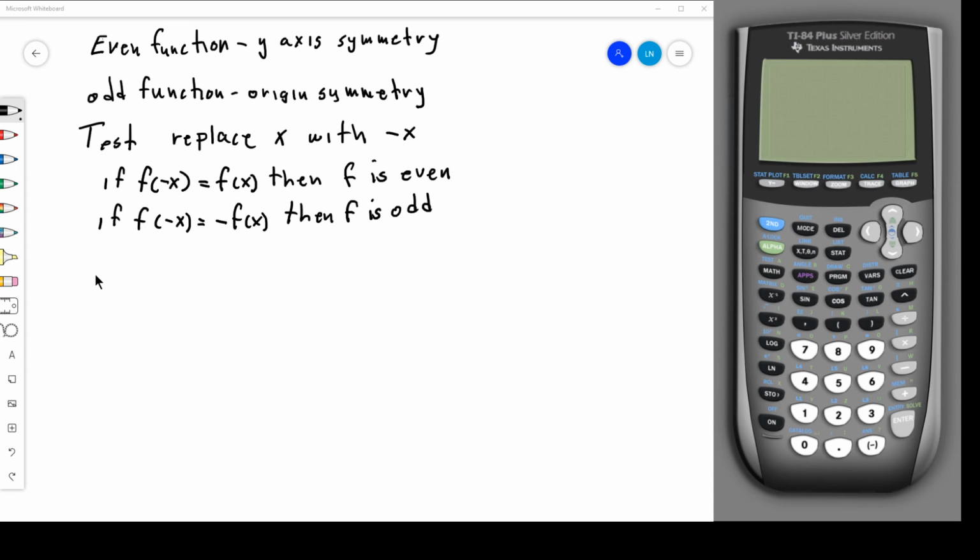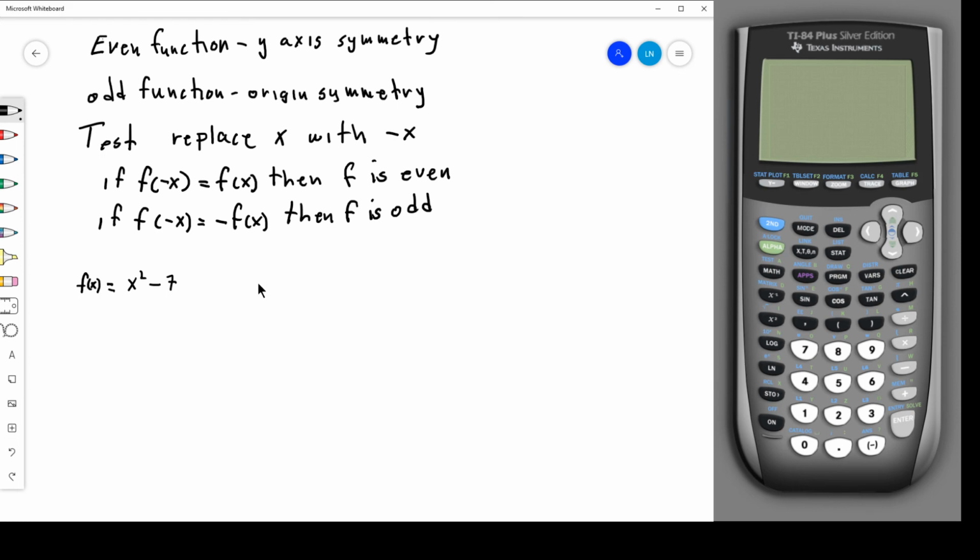Okay, so let's take a look at y equals x squared minus 7. Actually, I should use f of x, shouldn't I? Let's use f of x. Remember, it's one test with three possible outcomes.